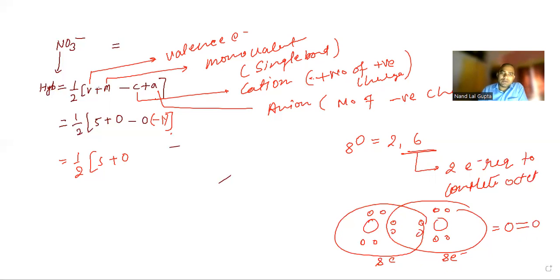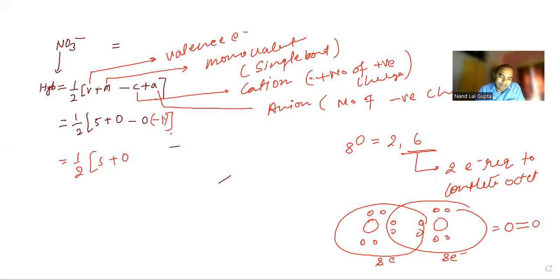But why does it make double bond with nitrogen, sir? No. The formula is not saying double bond with the nitrogen. The formula is saying the atoms which form single bond or double bond. The oxygen forms double bond.